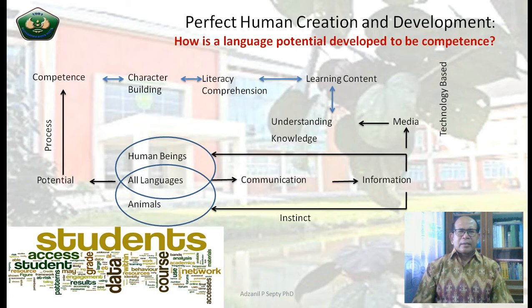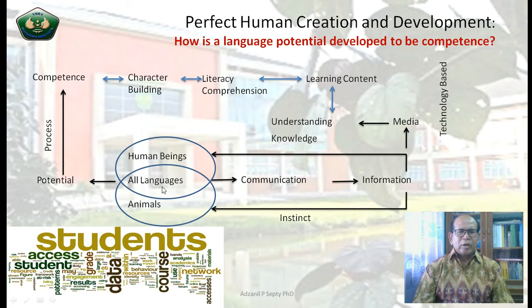So when we look from the beginning, from the question, how is a language potential developed to be competence? All human beings have been given language potential, and the language potential is developed to be competence through a process.